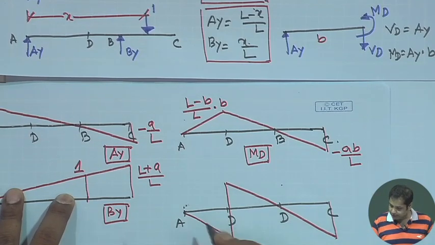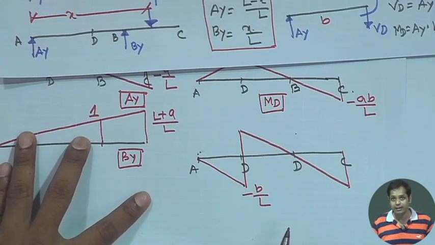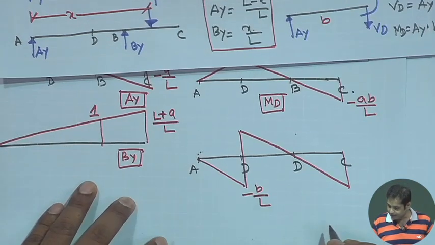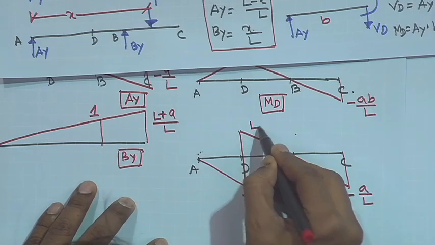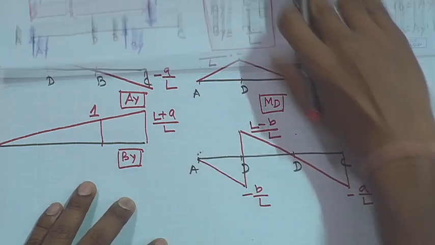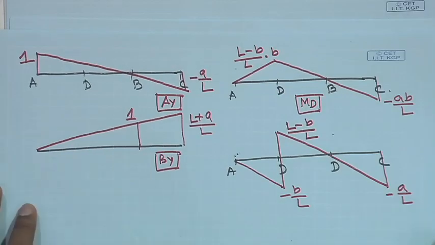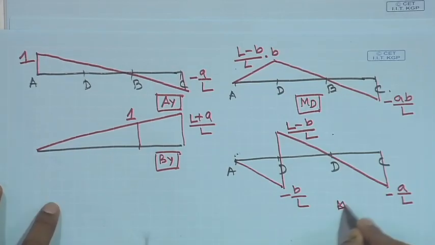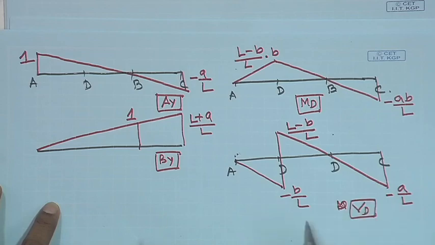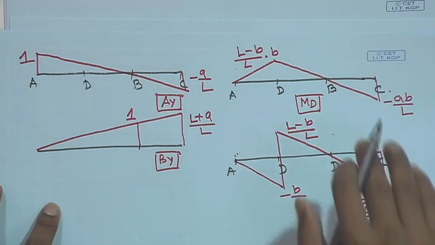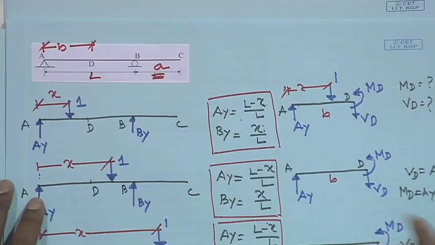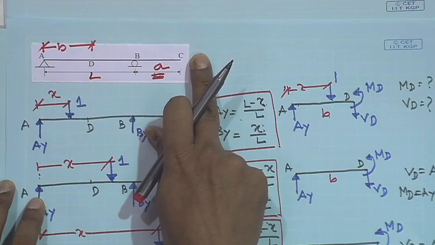Now, these values are minus B by L, this is minus B by L, and this is minus A by L, and this is L minus B by L. So, these are the influence line diagrams. This is for M D, this is for V D. So, this is the influence line diagram for support reactions and shear force and bending moment at any particular location D for this problem. Okay.